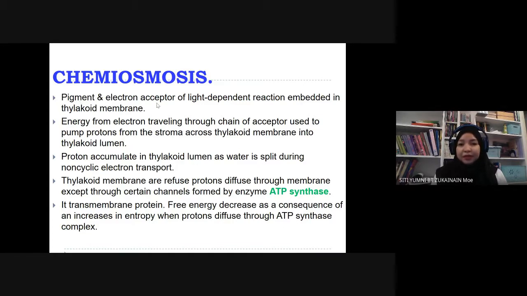So the pigments and electron acceptors of the light-dependent reaction are embedded in the thylakoid membrane. So chemiosmosis needs a membrane, same as in respiration.